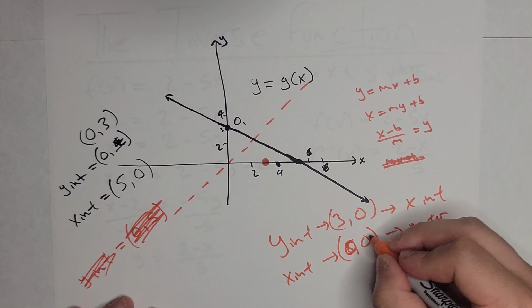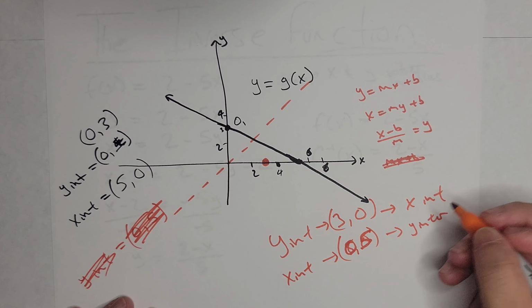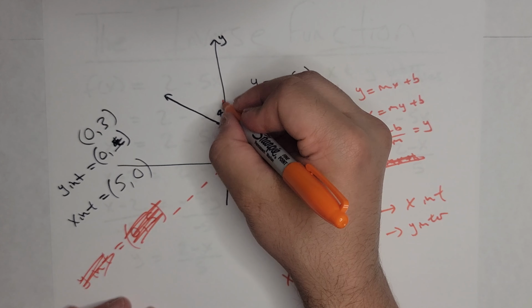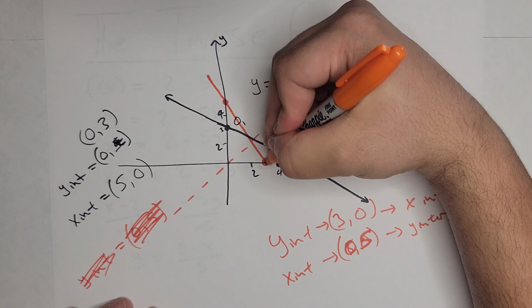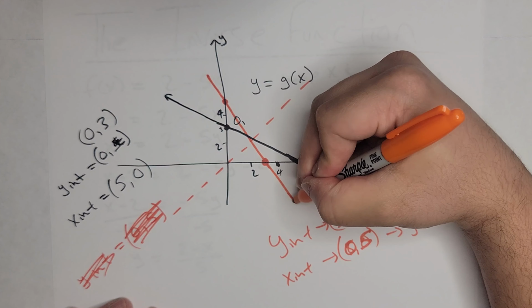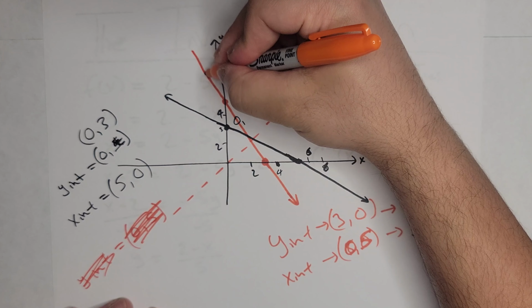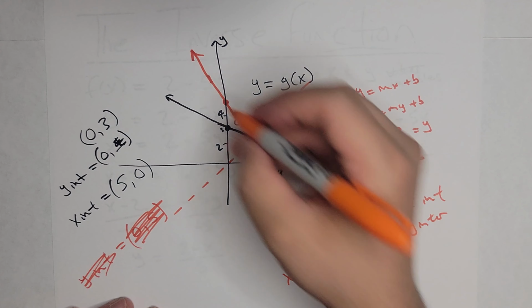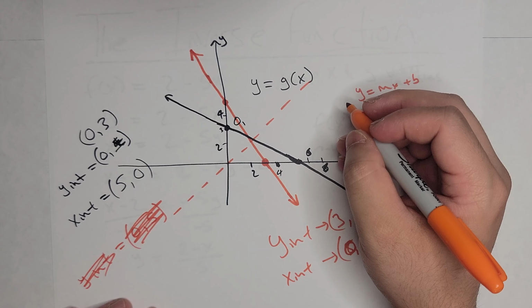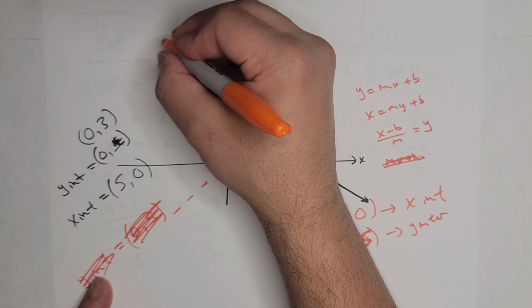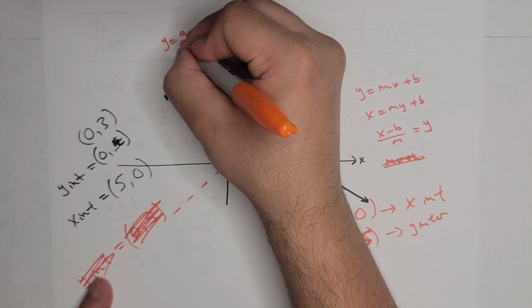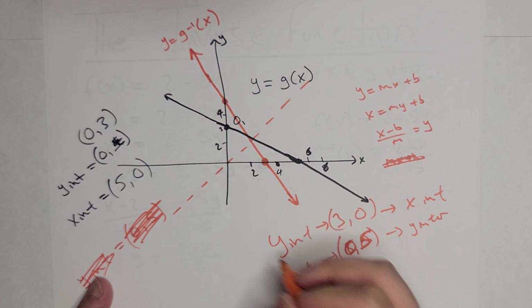Well, this is going to be 0, comma 5. That's up here. And that is my new line. So this is y equals g inverse of x.